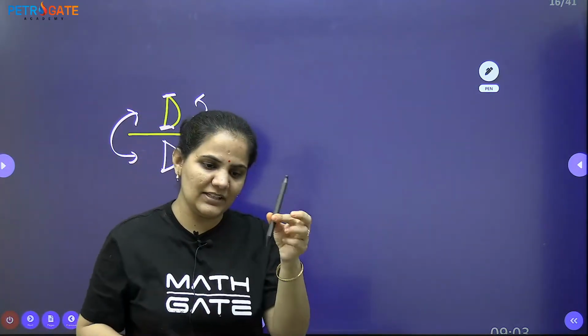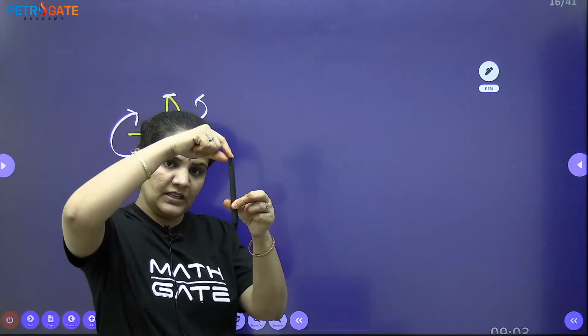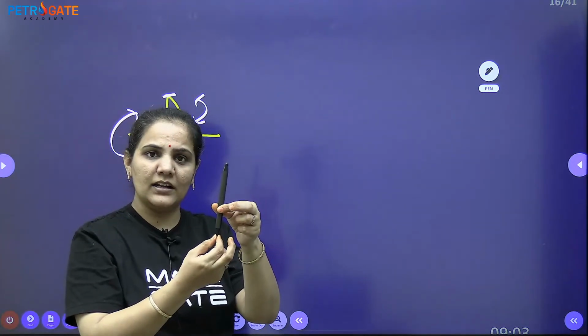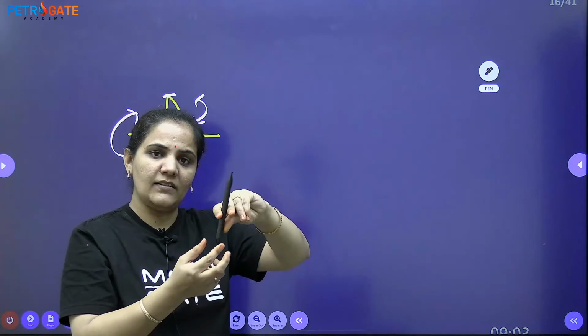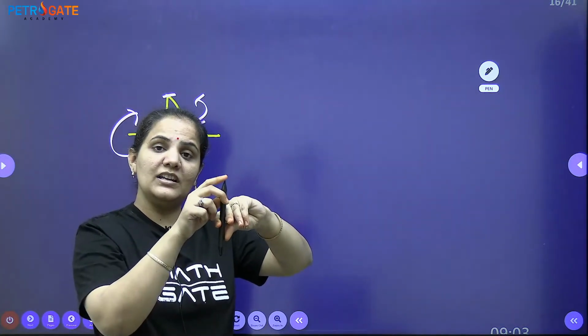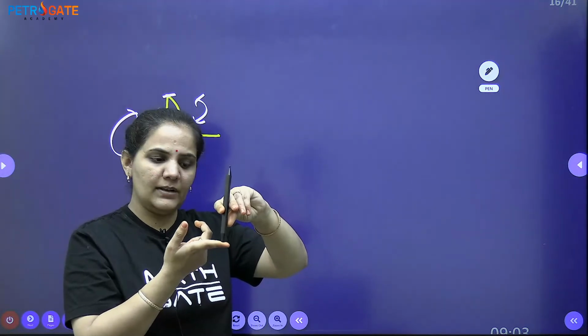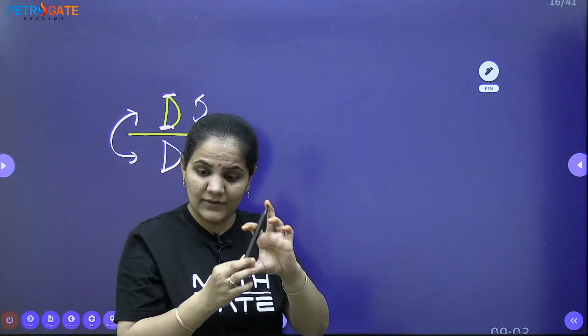Suppose I'm having this pen, you can see, I hope guys, this portion is the broader one and this portion is slightly thinner. So when I'm going to rotate this one, the thinner portion will be upside and the broader portion will be at the lower side. So yes, here we can feel the difference.